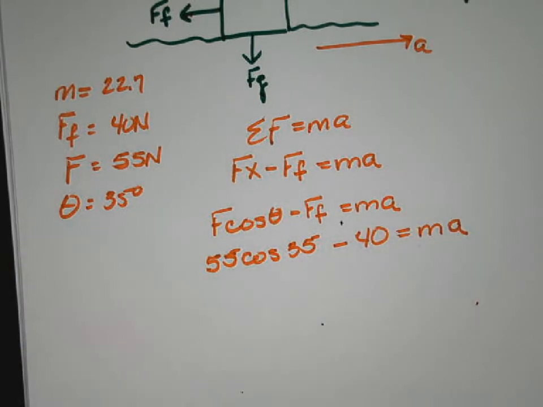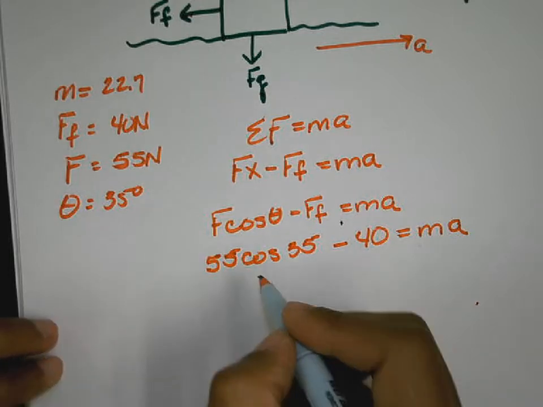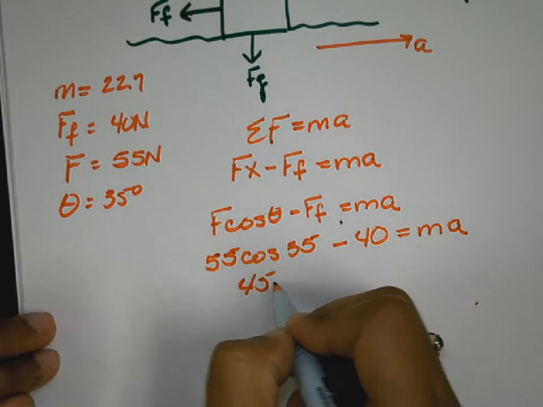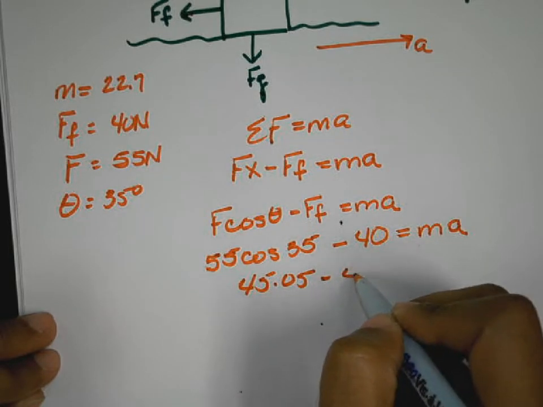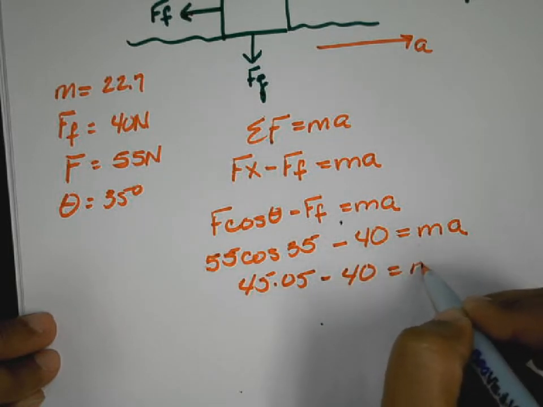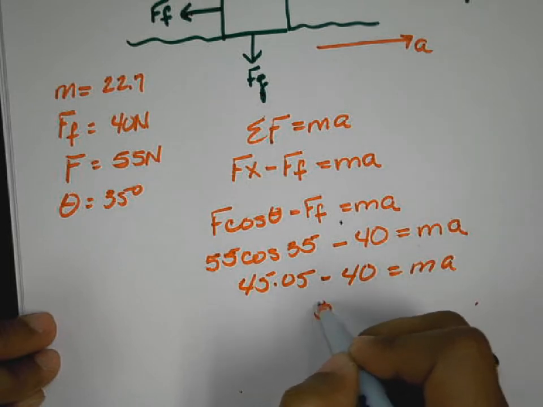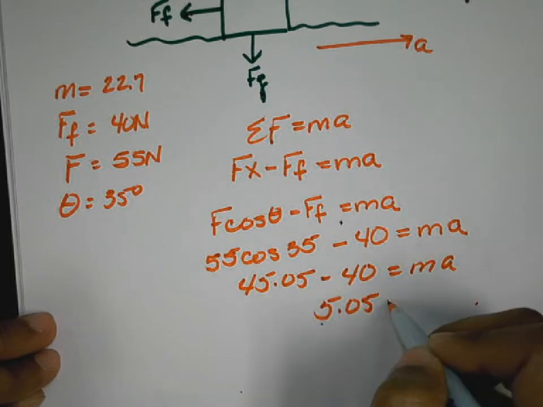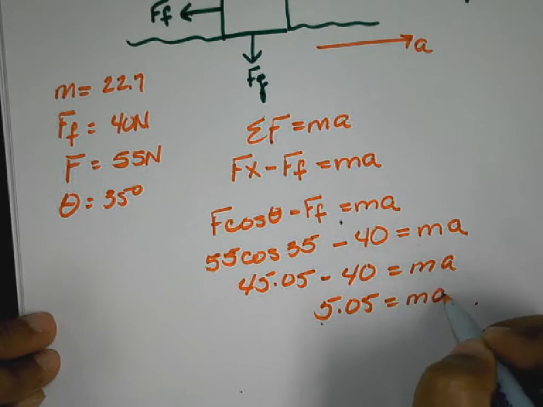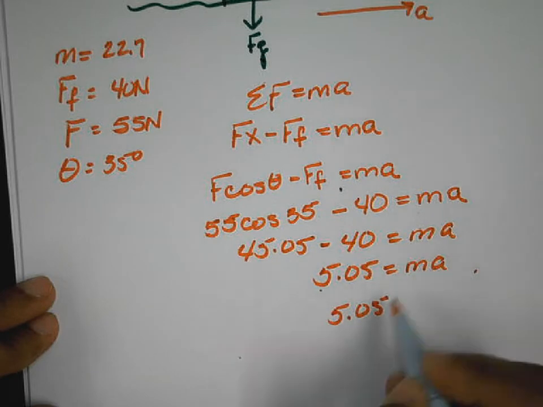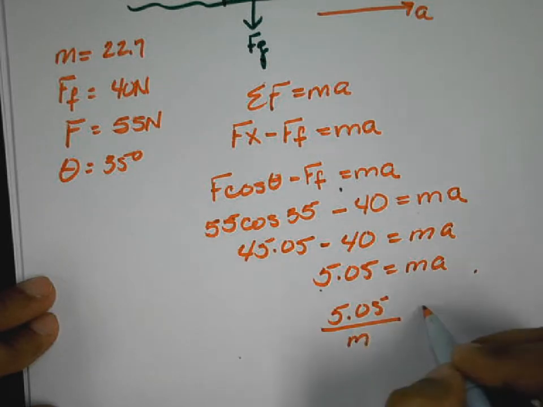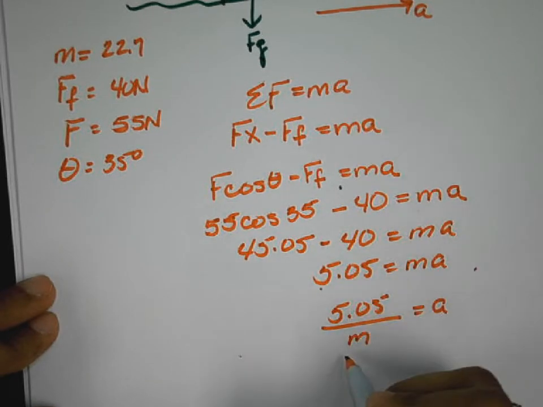And when you do 55 cosine of 35, you get 45.05 minus 40 equals ma. 5.05 equals mass times acceleration. So 5.05 divided by the mass equals the acceleration.